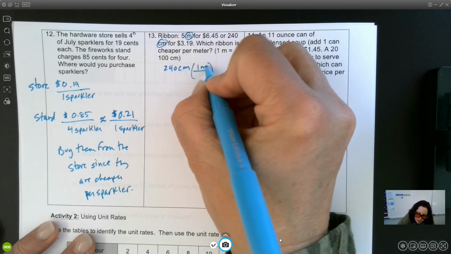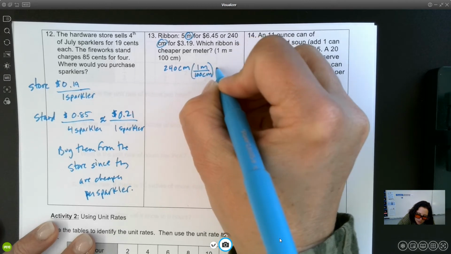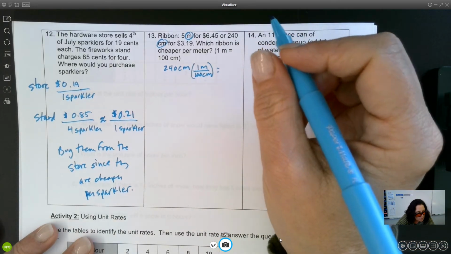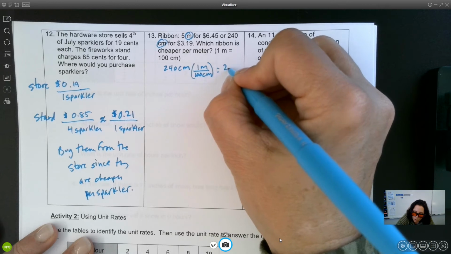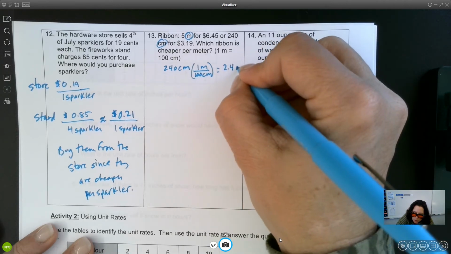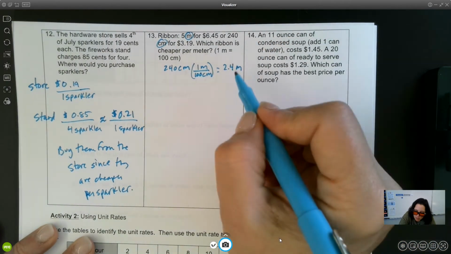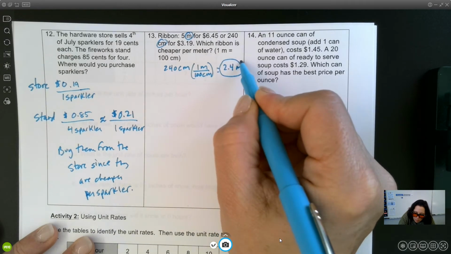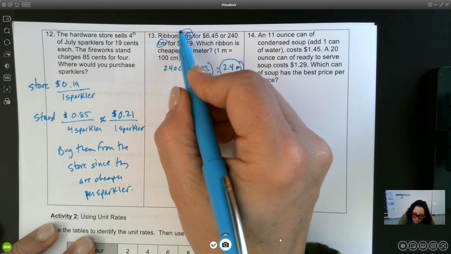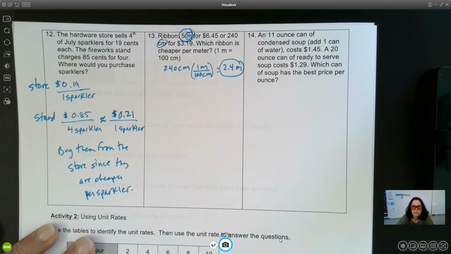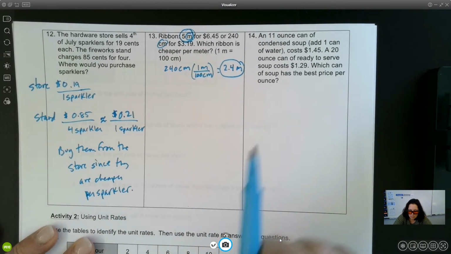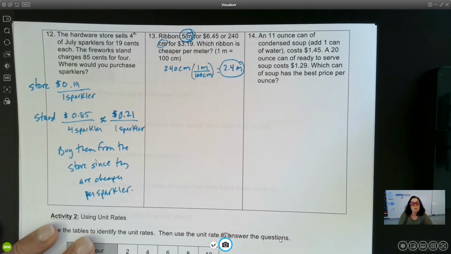So 1 meter is 100 centimeters. Okay, so that's going to be 2.4 meters. Okay, so I'm going to be using 2.4 meters and 5 meters since my centimeters has been converted. I need them both in the same unit. I will not be giving that to you on your test. Okay, all right.